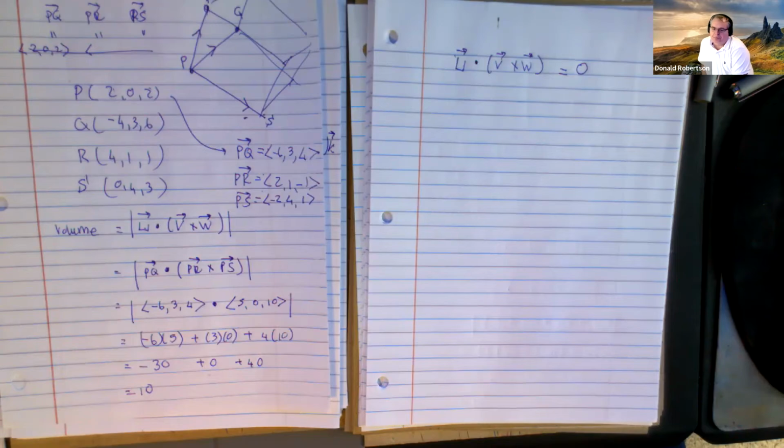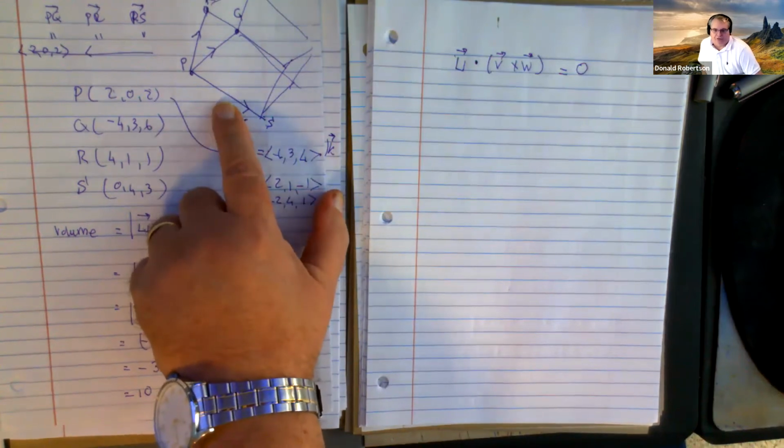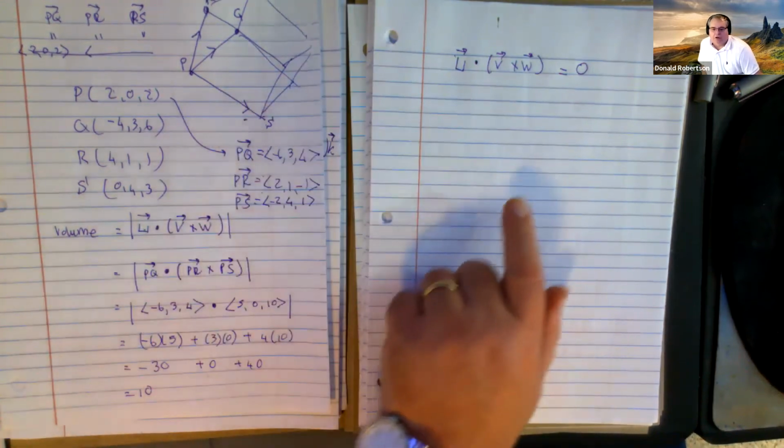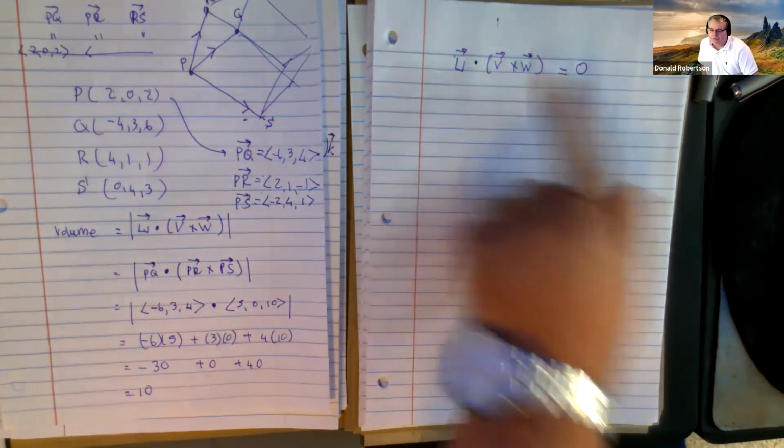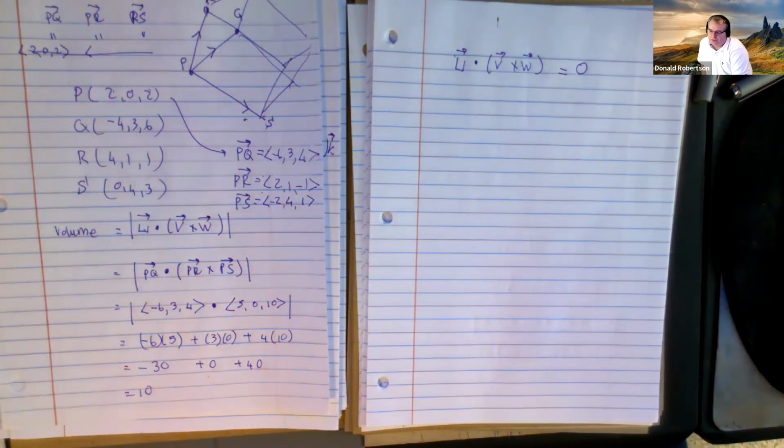How would you interpret what that means? How could you get 3 vectors that look like these, evidently, but you get a 0 for the answer? Any thoughts? How could that happen?